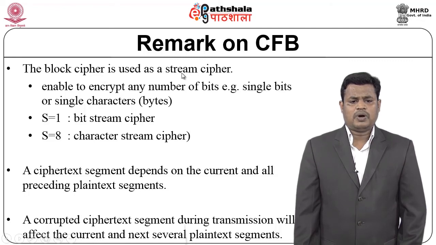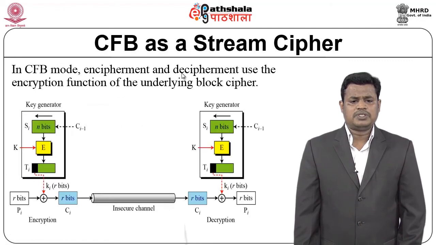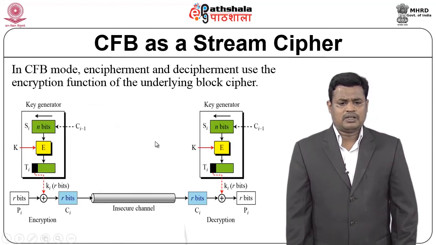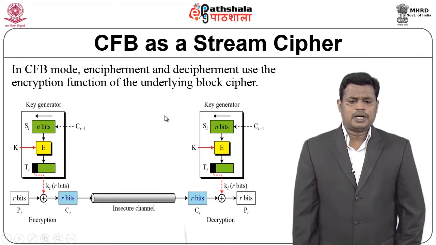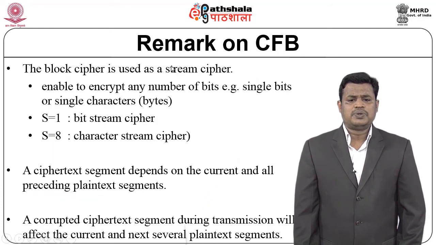Here we are not using the block cipher as it is. Stream cipher means we take a single bit or some series of bits for encryption. So, the block cipher is used as a stream cipher.